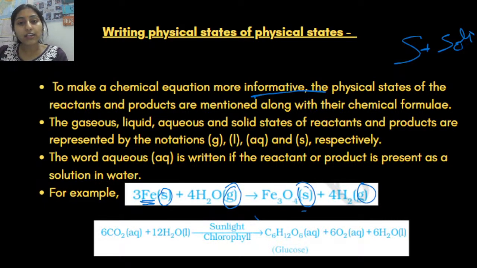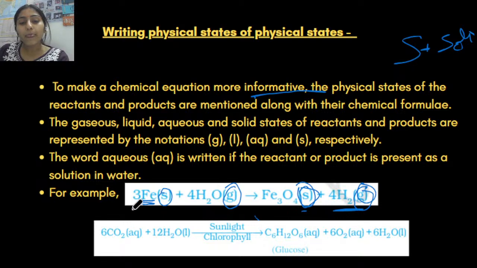Iron oxide is again in solid form, and then H2 is a gas which is released into the atmosphere. This is basically the reaction of rusting of iron. Iron reacts with the moisture present in the air, leading to the formation of iron oxide, and hence hydrogen gas is released into the atmosphere.